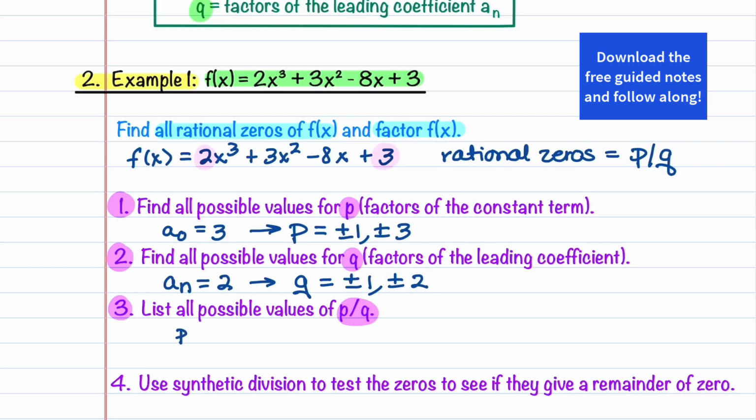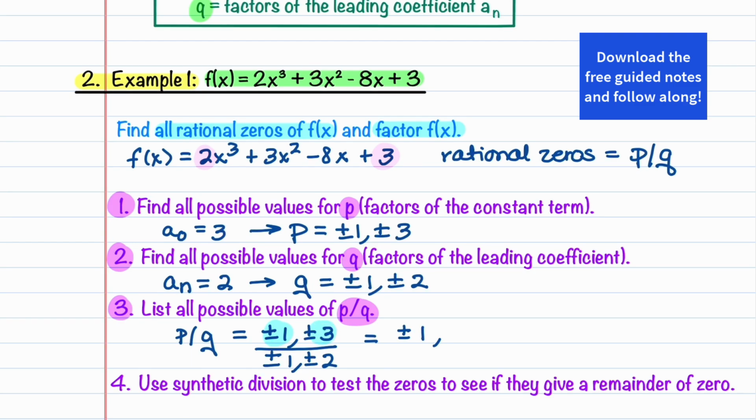Let's write down p divided by q, and that equals plus or minus 1, plus or minus 3, and then q is plus or minus 1, plus or minus 2. Now we have to see what this equals. Let's start with plus or minus 1, and if we divide that by plus or minus 1, we get plus or minus 1.